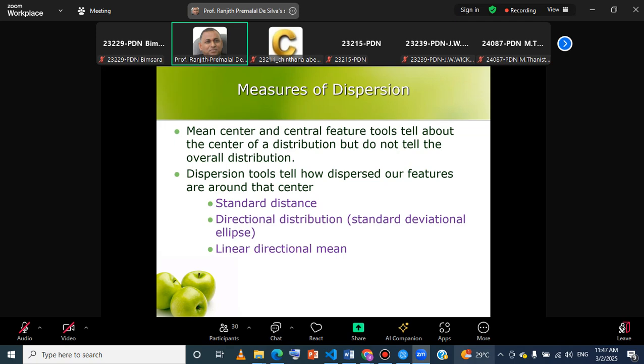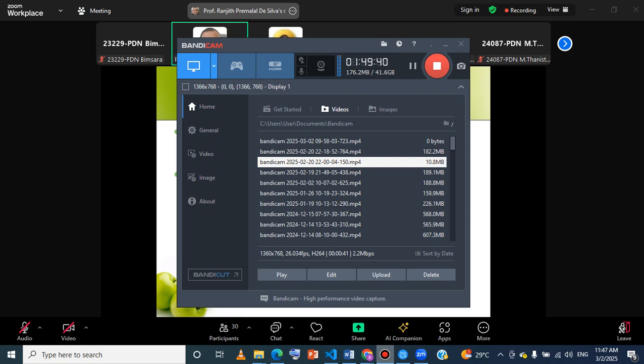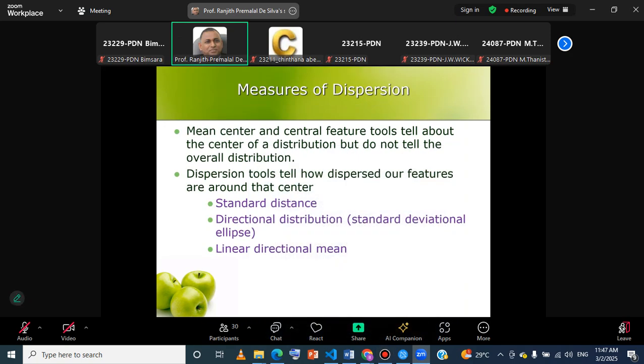So basically, like standard deviation in normal statistics, we use standard distance here, SD. Then we use directional distribution, for example, standard deviation ellipse, and also we look at linear directional mean. But more commonly we use what is called standard distance, how dispersed the points are.